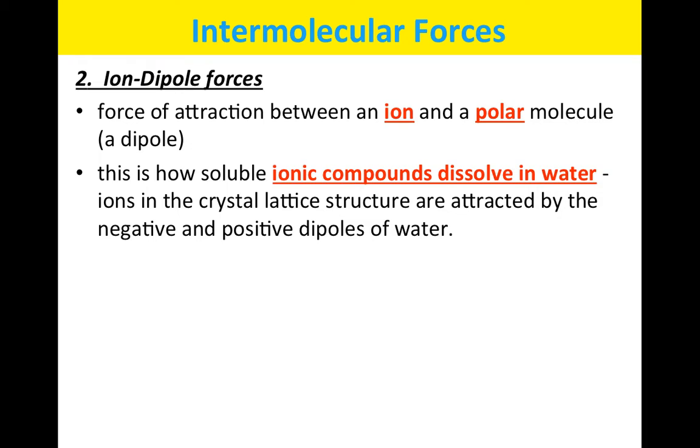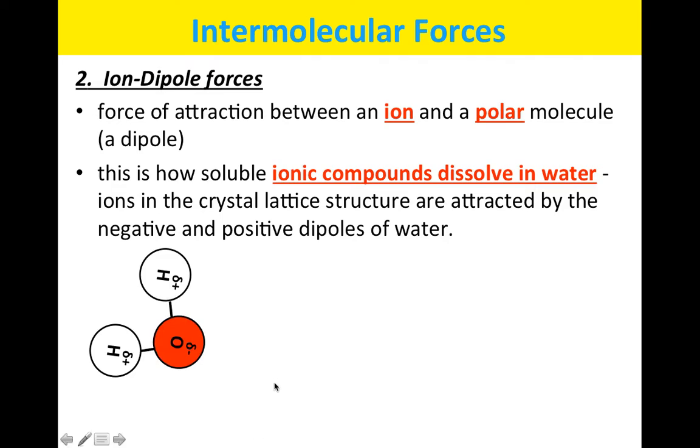Well, we have water, which is a highly polar molecule, with one very highly negative side and one very positive, and then we throw in a sodium and a chloride. Why do they dissolve? Ionic bonds are pretty strong.